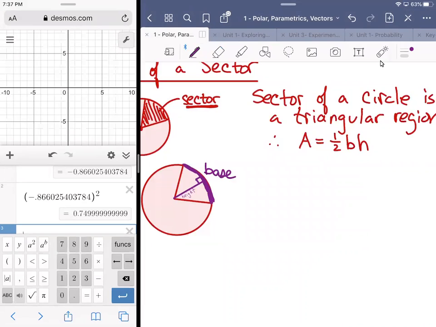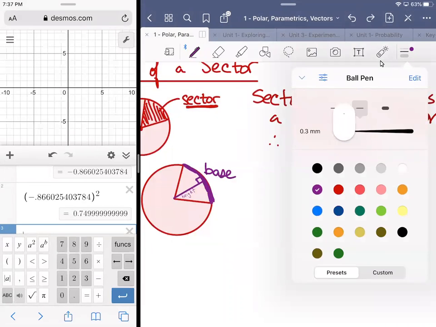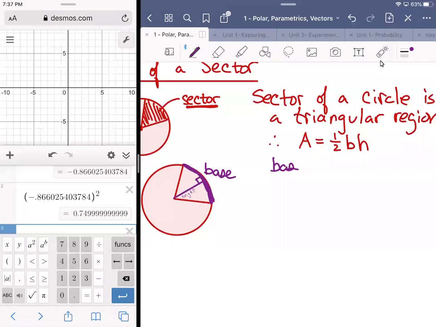Well, the base, we'll start off with that. The base, ooh, I need this to be bigger. Is an arc length. And the geometric formula for arc length is S equals R theta.